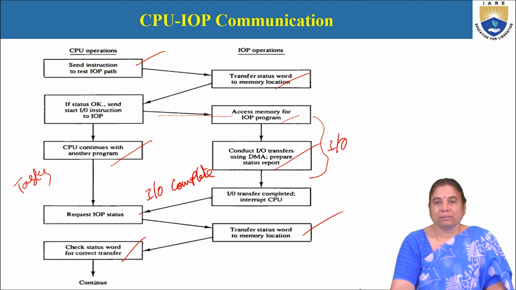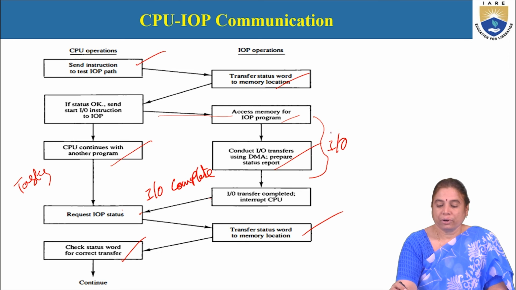This is similar to client-server communication. Whenever the IOP requires the service of the CPU, it has to make a request to the CPU, and then the I/O transfer can be performed.